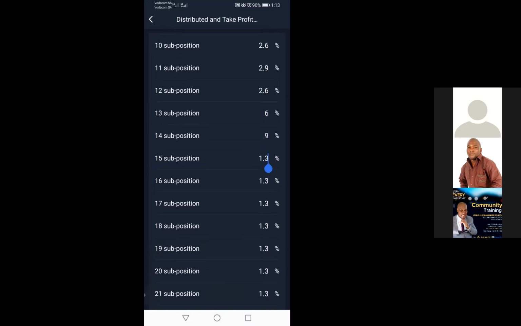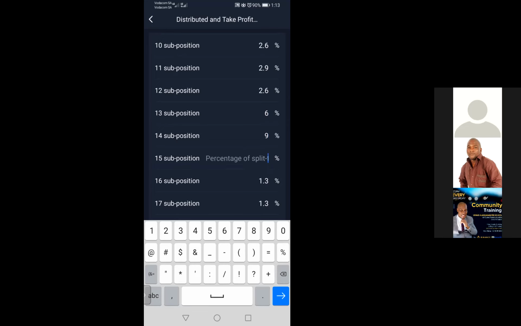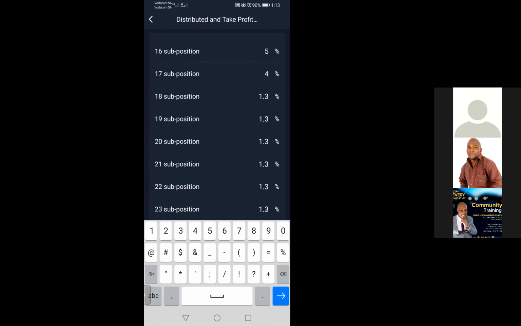And then 15 is 3.9. 16 is 5. 17 is 4. 18 is 3. 19 is 5. 20 is 6.